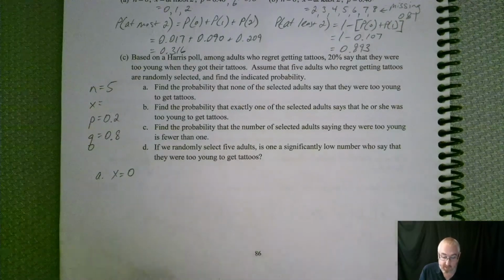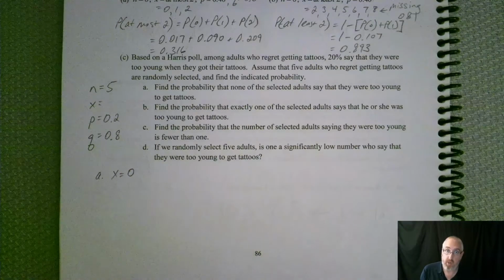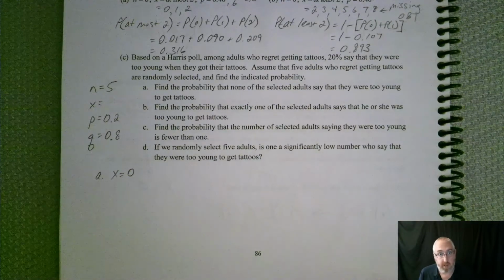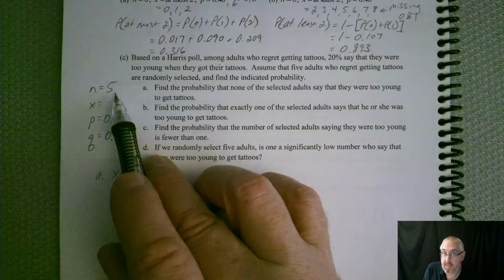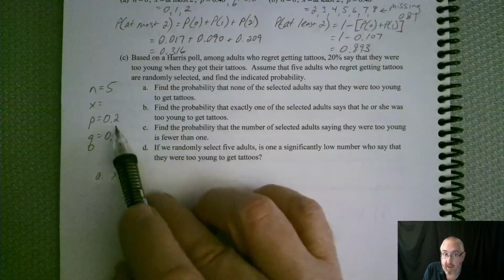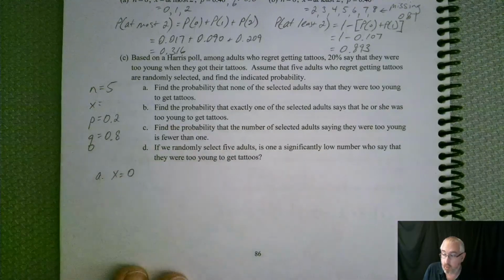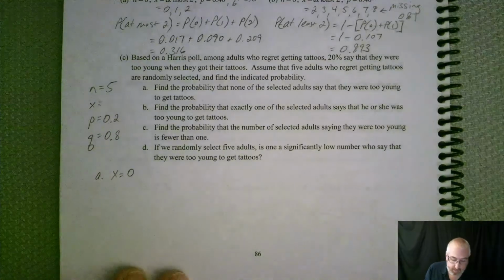Now, it doesn't specify which process you should use, if you want to use the table or if you want to use the formula, but in general, if you're given the choice, I would try to use the table because it's going to be much, much faster. Looking at our N, it's small, so that's going to be on our table, and 20%, 0.2, I believe is on our table as well. So we can use our table.